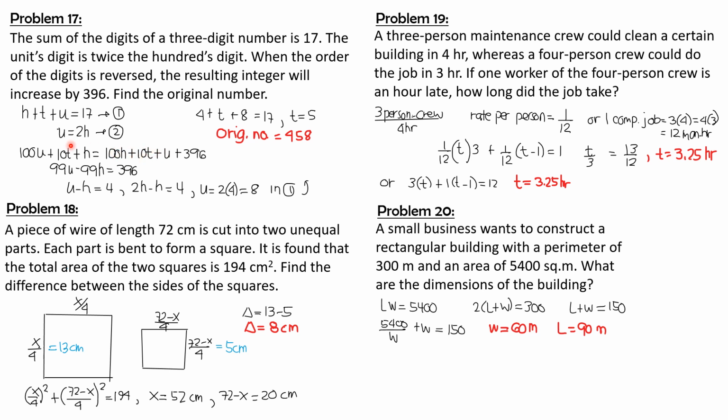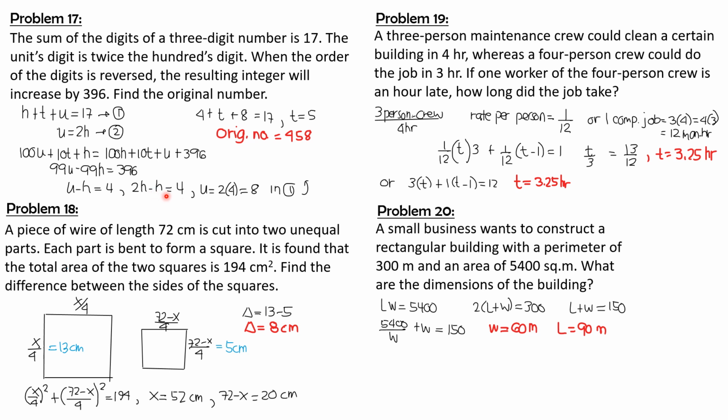Cancel out 10t, simplifying: 100u minus u, 99u, and h minus 100h, negative 99h, equals 396. Divide everything by 99: u minus h equals 4. Replacing u by 2h, 2h minus h equals 4, so h is 4.